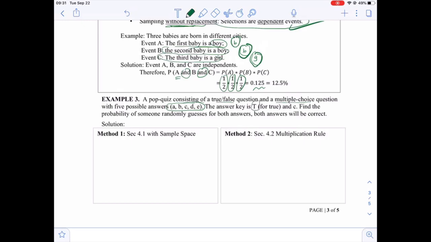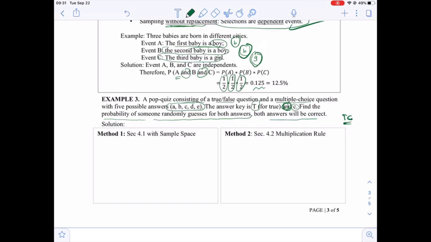The answer key is true and C. So that's the answer key, true and C. So we want to find the probability that someone randomly guessing both answers will get both answers correct.